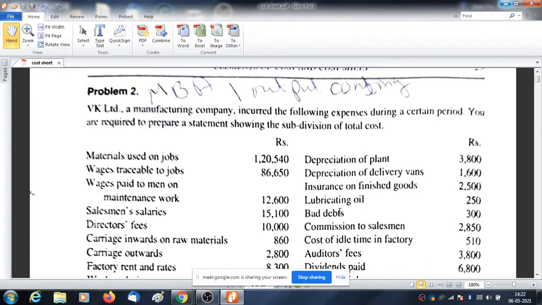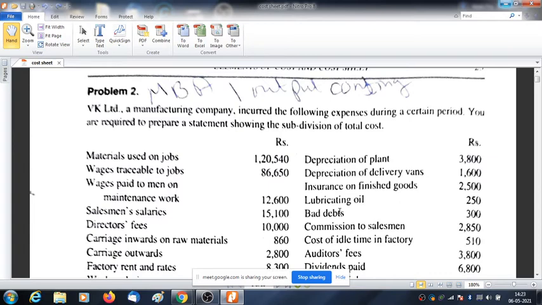See, bad debt is basically a financial expense. As per accounting procedure and costing procedure, these are two different things. Under costing, we prepare the book to ascertain the costing profit, and under financial statements, we prepare the book to ascertain the net profit, which is as per financial procedure. So bad debt will come under financial statement, but not in the cost sheet. You can make a note: bad debt is a finance expense, it won't come in the cost sheet.